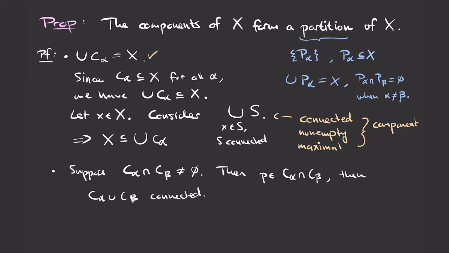Again, by the proposition we saw in the video on connectedness, that whenever you have two connected spaces that share a point in common, their union will also be connected. So the way we're going to use maximality here is as follows. So we know that C alpha is a subset of this union C alpha, C beta, and this union here is connected and non-empty.